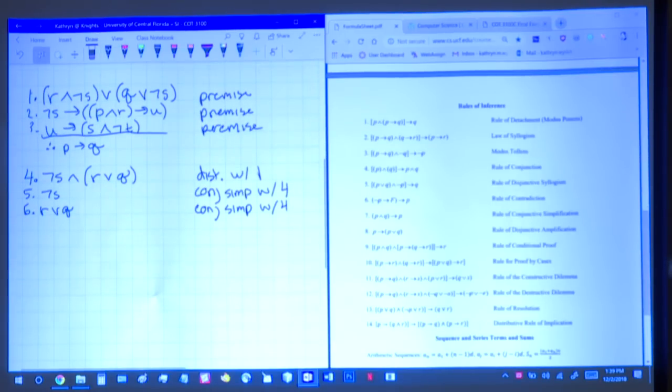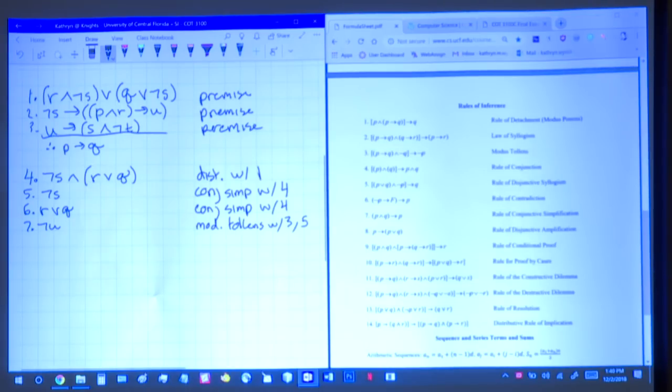Next, you see this premise, U implies S and not T. Since we have not S to be true, that means this little group is false. So using modus tollens, we can write not U, and that would be modus tollens with 3 and 5.